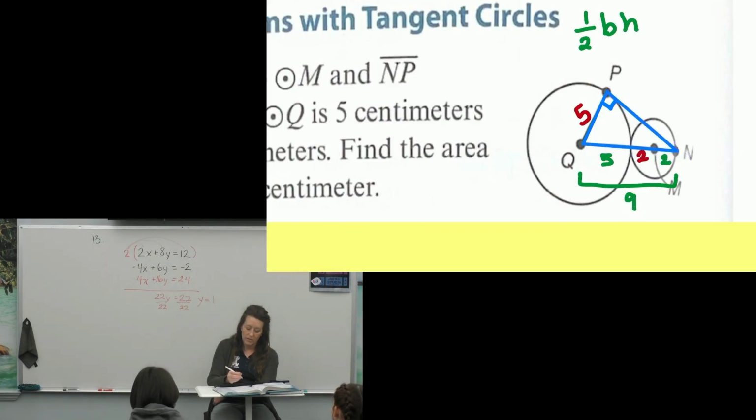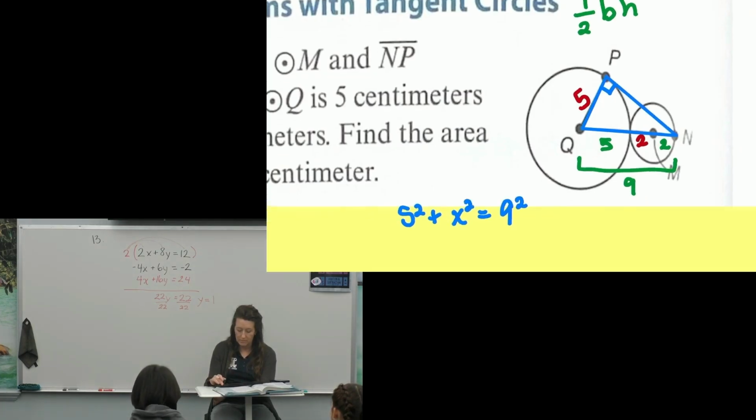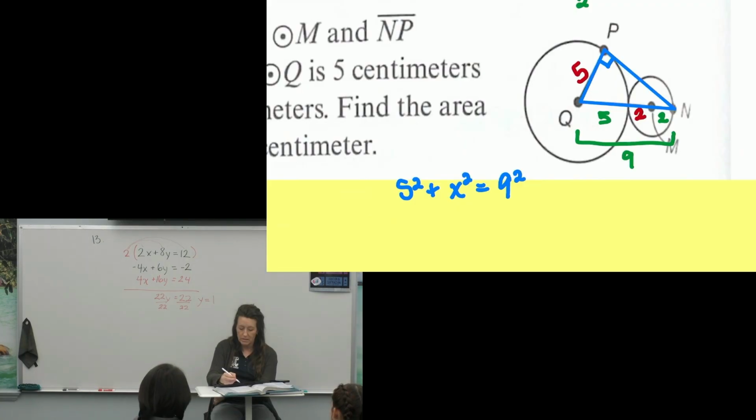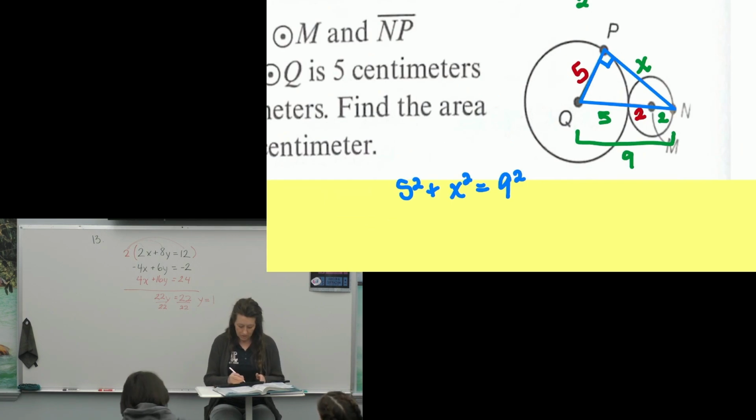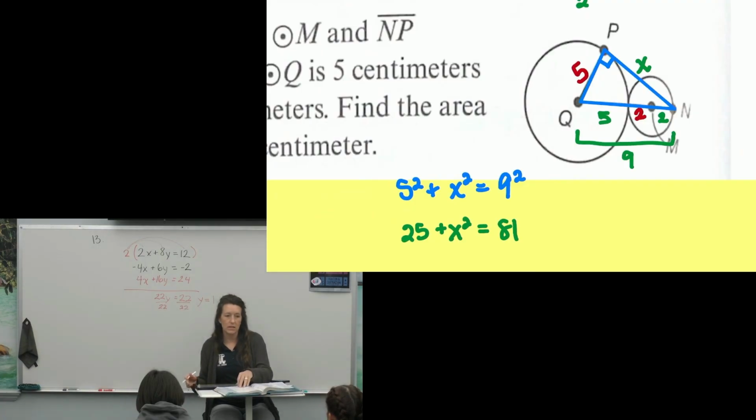So it would be 5 squared plus whatever squared equals 9 squared, right? Because if we had this be x right here. So then that would be 25 plus x squared equals 81. So x squared equals 81 minus 25.